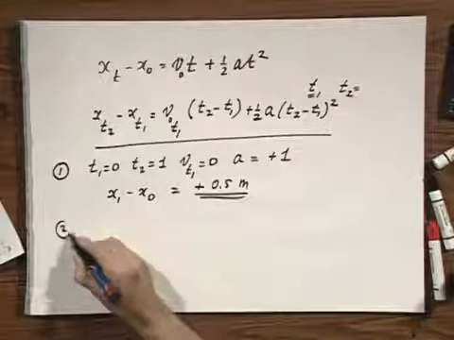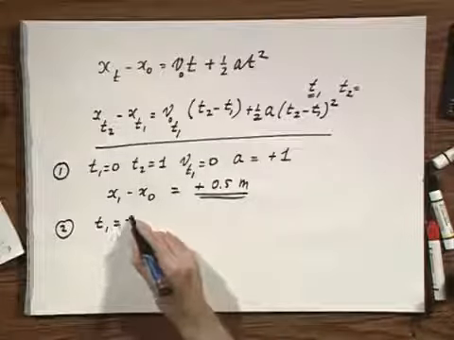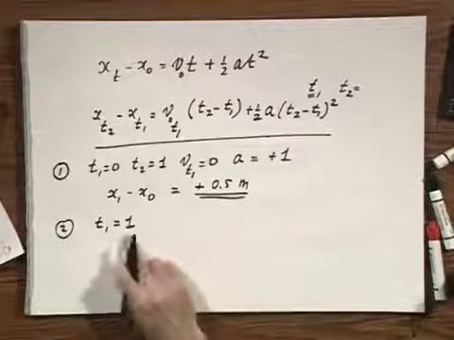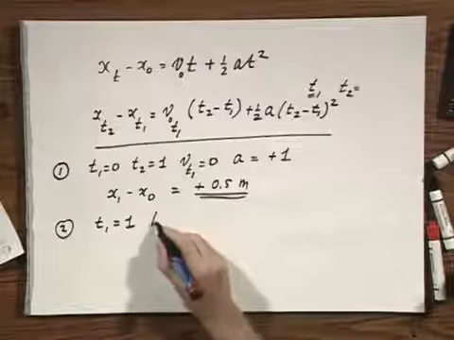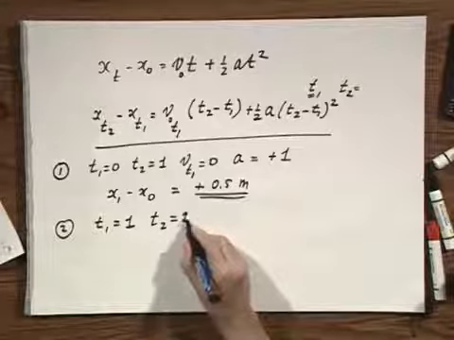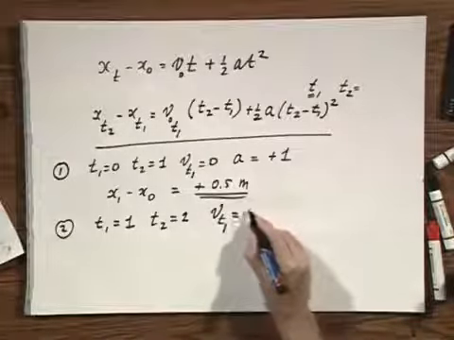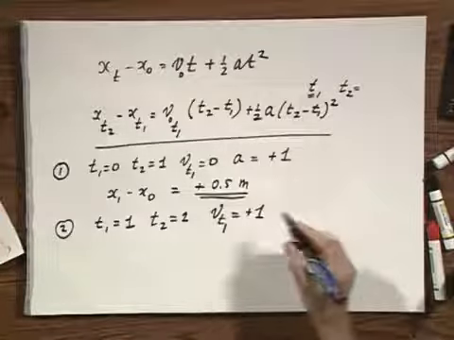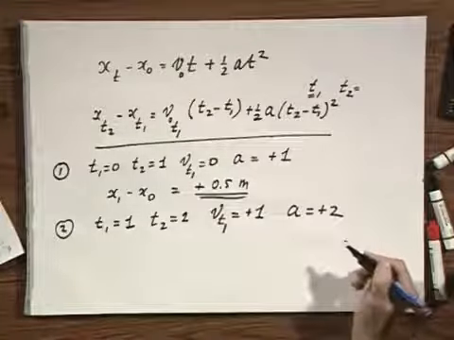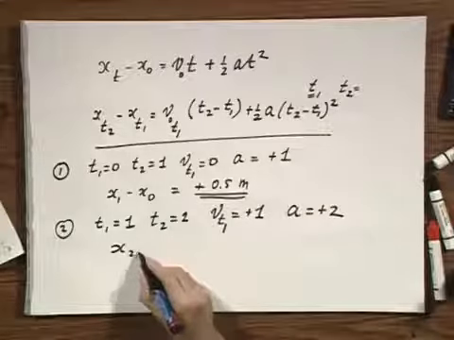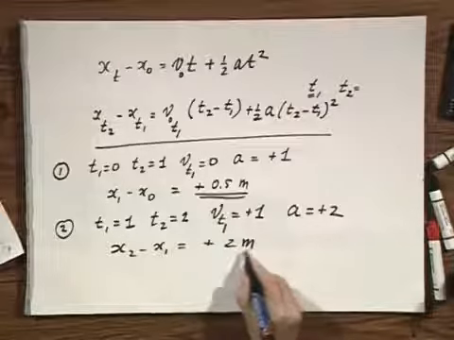If now you do the second, and you call now t1 equals 1, so you start all over after second number 2, you say this is now my starting time, and my end time is now 2. The velocity at my starting time is now plus 1. You can see that from the graph. And my acceleration equals plus 2. You now calculate what x2 minus x1 is, and you find that it is plus 2 meters.